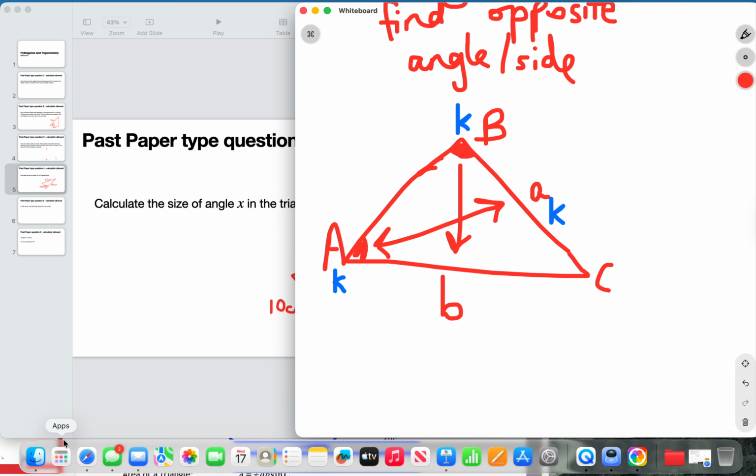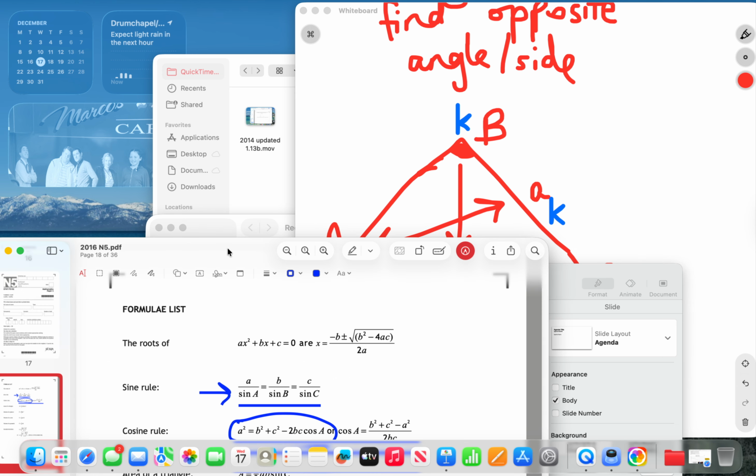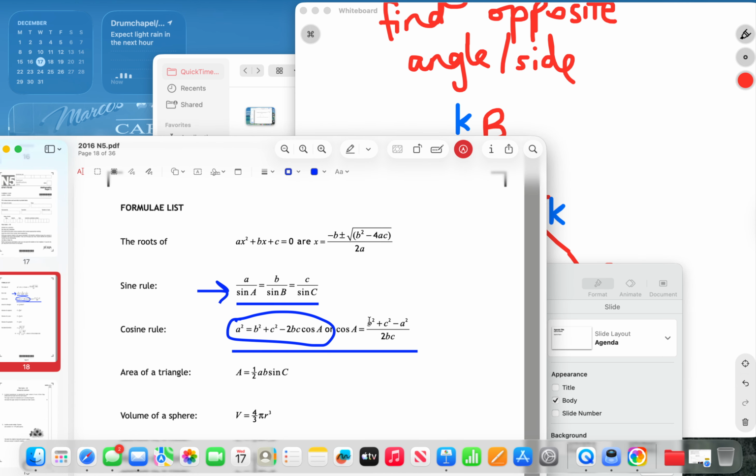But the cosine rule, we're looking at this thinking, well, the sides are A, B, and C, the small versions, and the angle is a capital. But in this equation, I will zoom in.